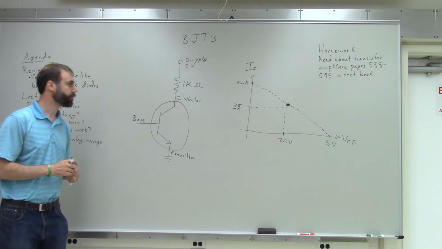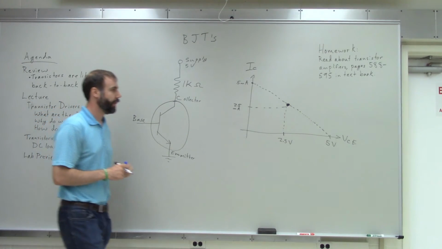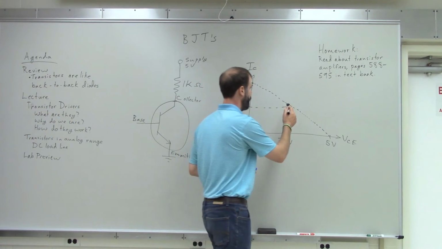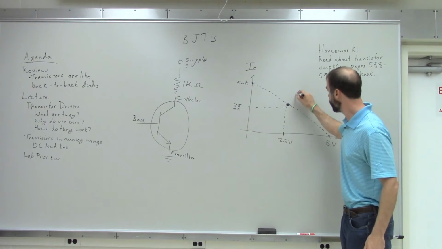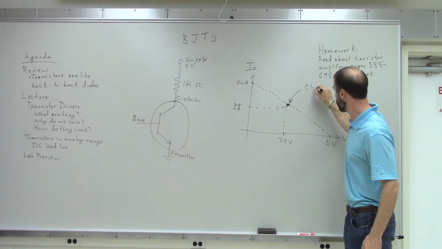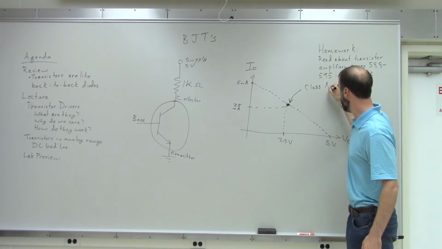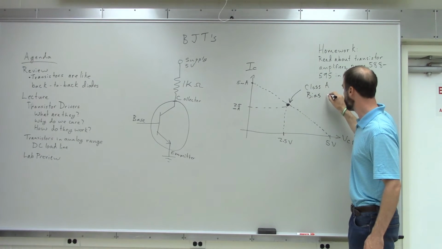So this middle point is called the Class A bias point.